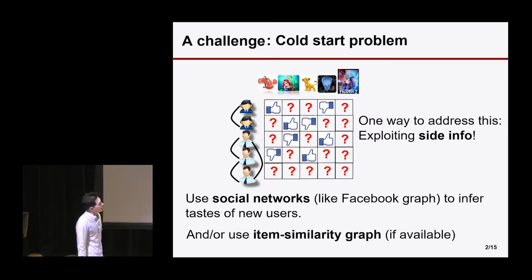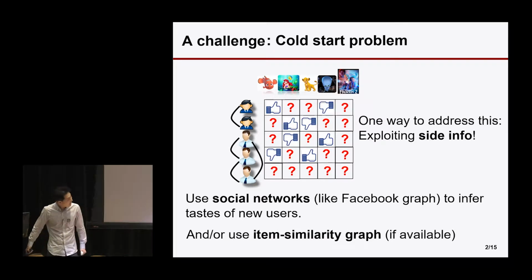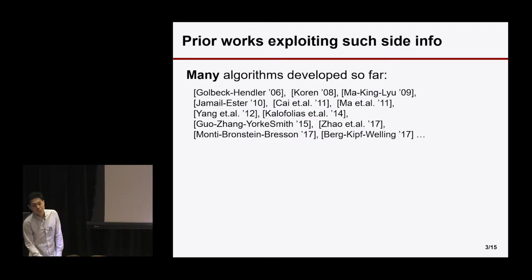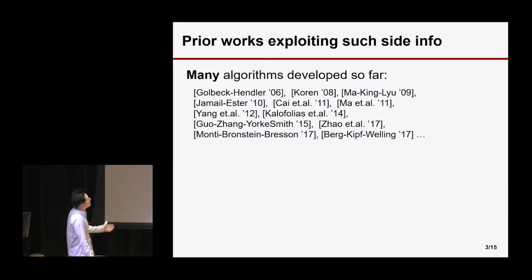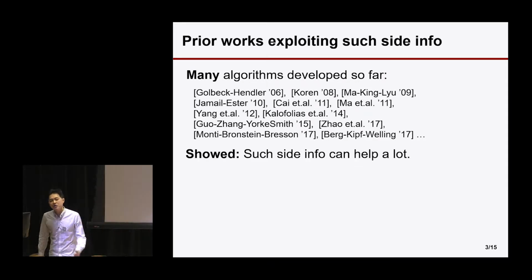And in fact, many people took this approach to try to address this challenge, and these are their efforts. Many people came up with many algorithms in many contexts, and from that they could show that such side information can indeed help a lot.